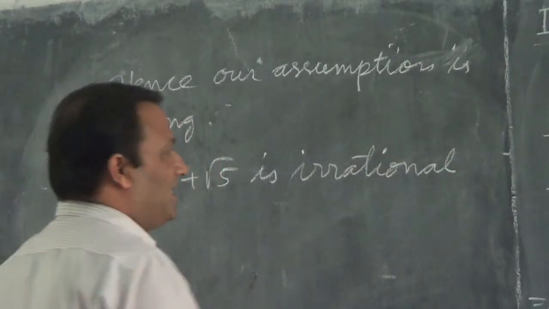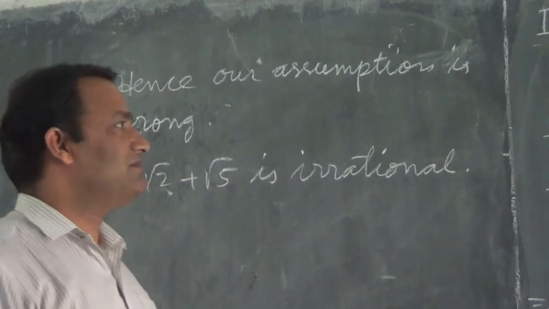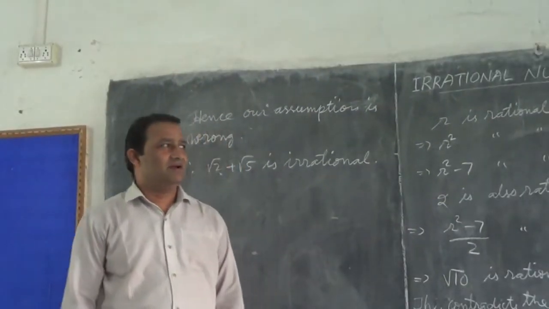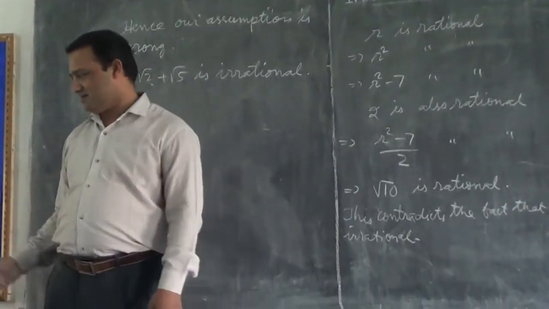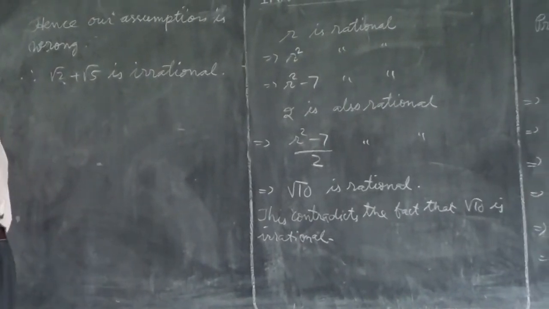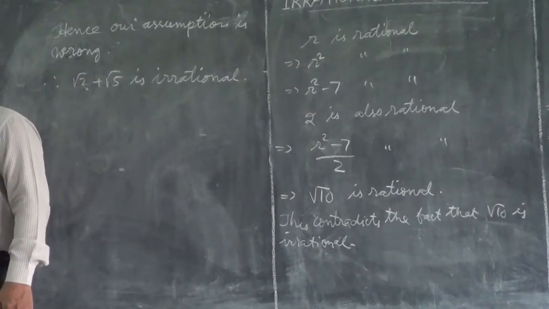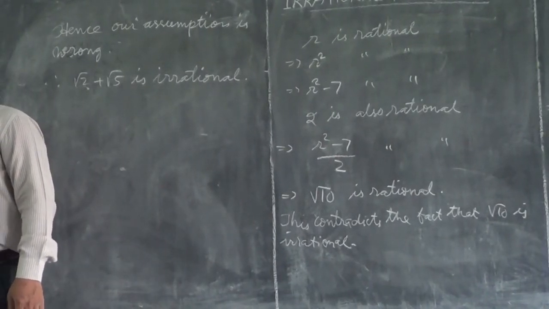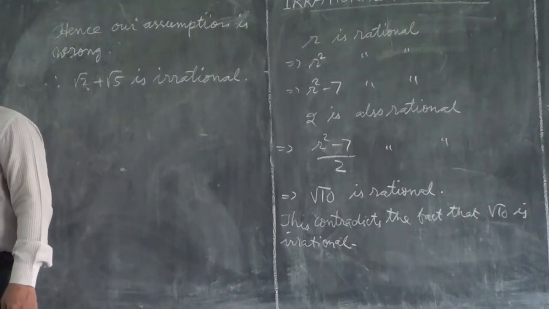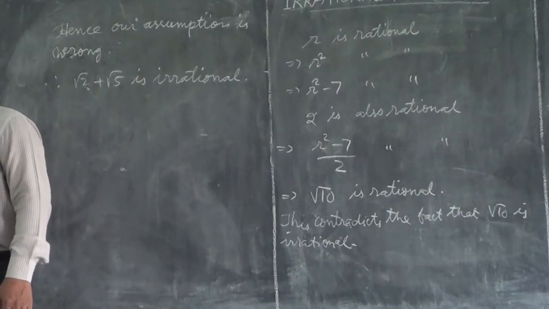So this much is there, and your exercise, very small exercise was there, and we will move to the next part of the chapter, that is the real numbers. We will read the real numbers and how to know what is rational, what is irrational, and what are the real numbers.